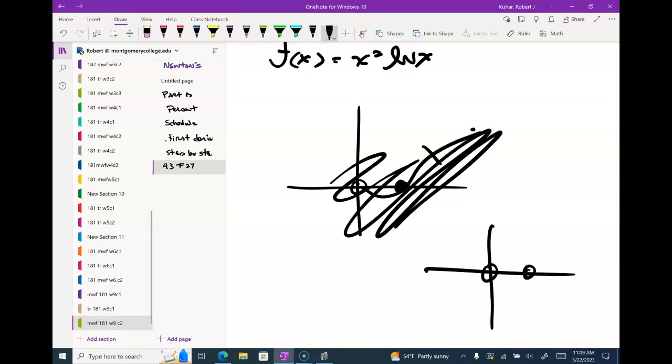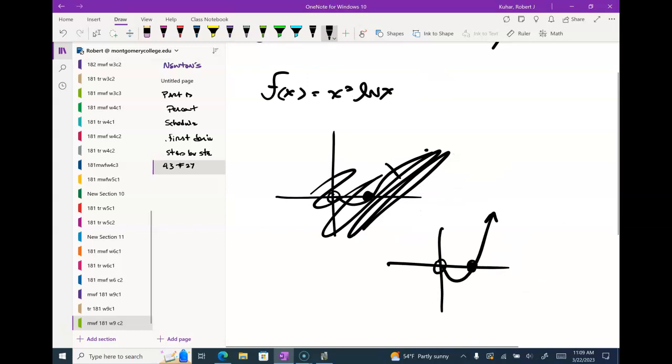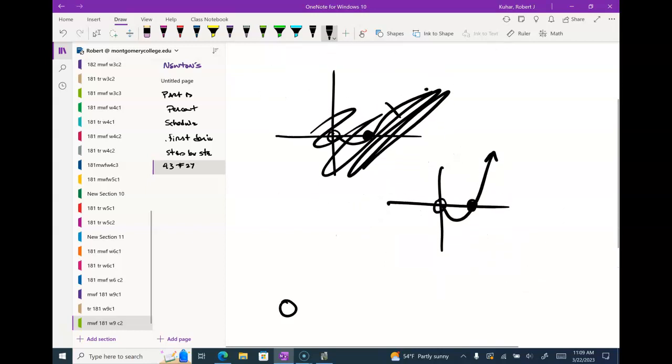I can't have 0 because ln of 0 doesn't exist, right? We okay with that? Ln of 0 can't happen, right? So I already know for my number line, I'm going to be talking about all positives only, right? You with me?